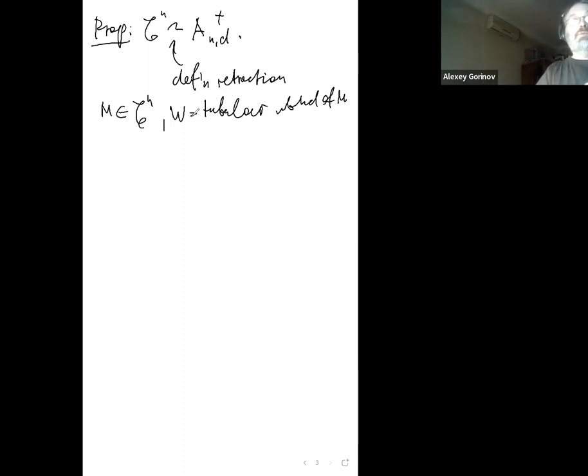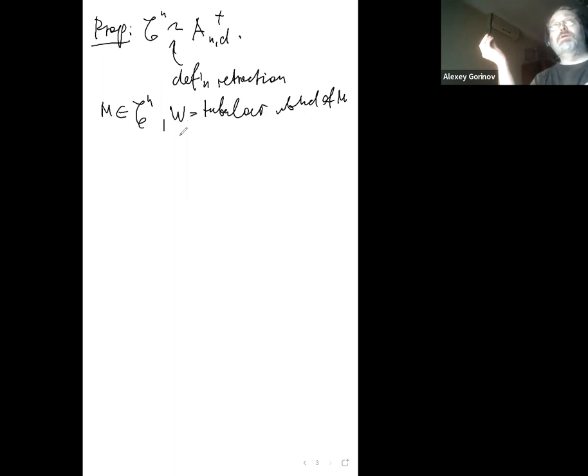And let's take a tubular neighborhood of the manifold, sufficiently small, which is the same as a sufficiently small neighborhood with respect to some fixed metric.